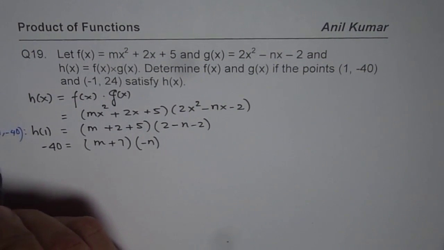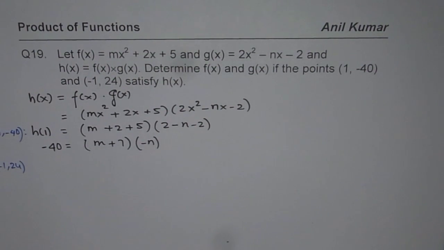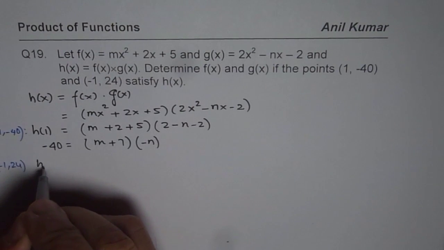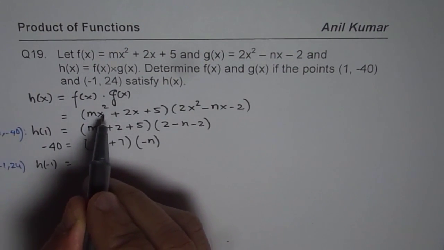If I use the second point, (−1, 24), I can get a second equation. So h(−1) is going to be replacing x with −1.